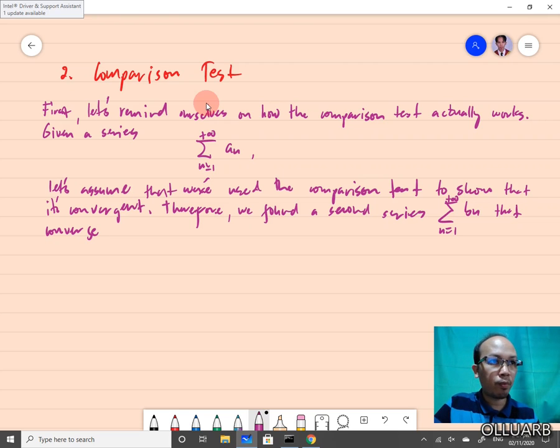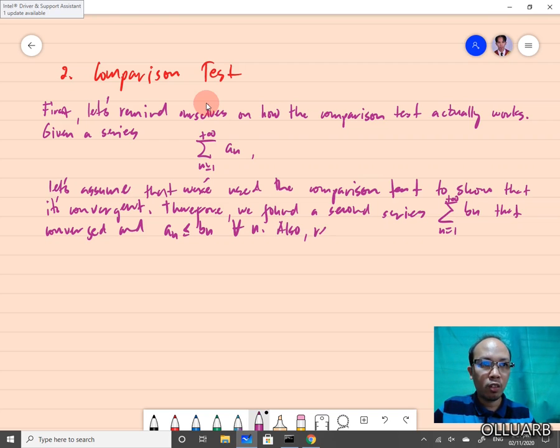And also we note that a sub n must be less than or equal to b sub n for all n. And also recall that both a sub n and b sub n are positive for all n.